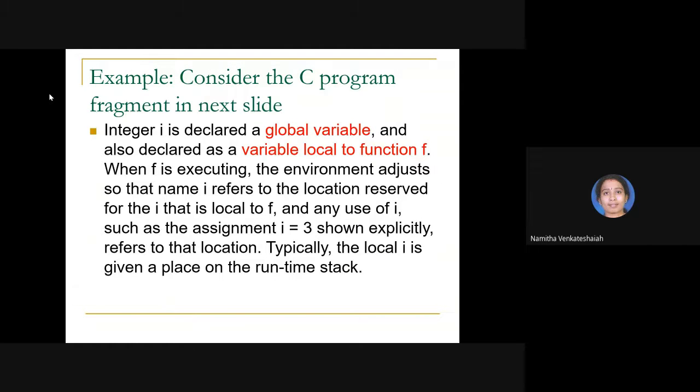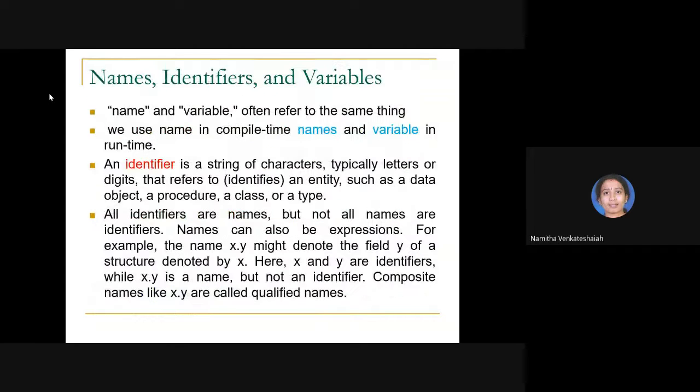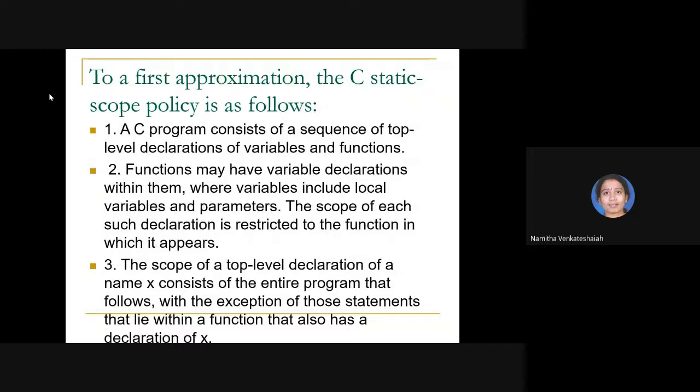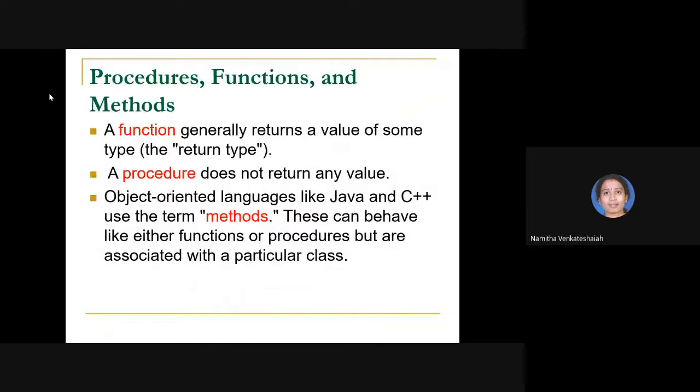We also learned about static versus dynamic binding of names to locations and locations to values. We learned about the difference between names, identifiers, and variables. We learned about static scope, block structure, and the static scope policy in C language, and also the difference between procedures, functions, and methods.